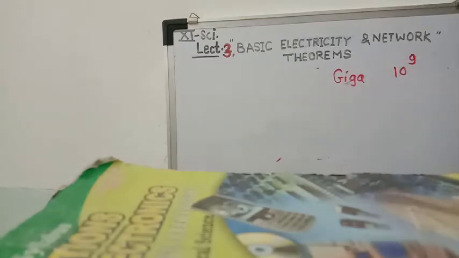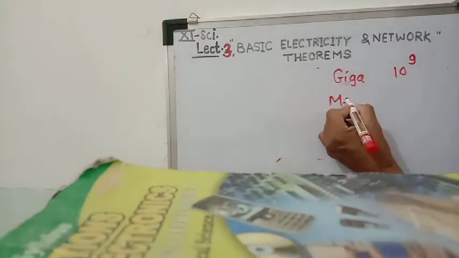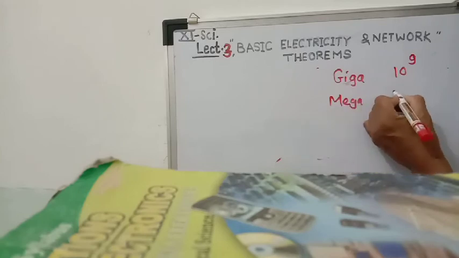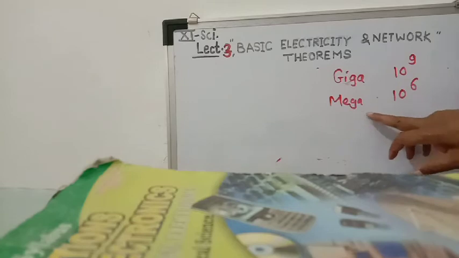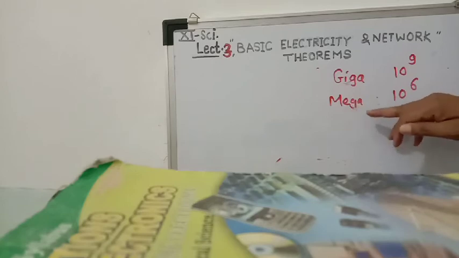Mega is equal to 10 raised to 6, meaning 1 megahertz is equal to 10 raised to 6 hertz.